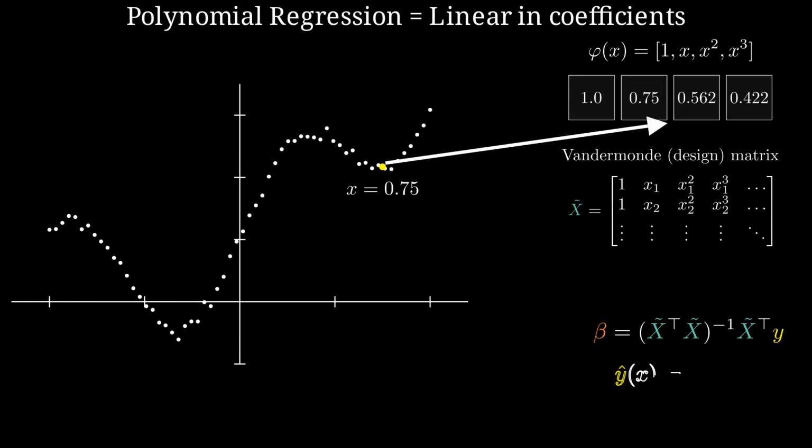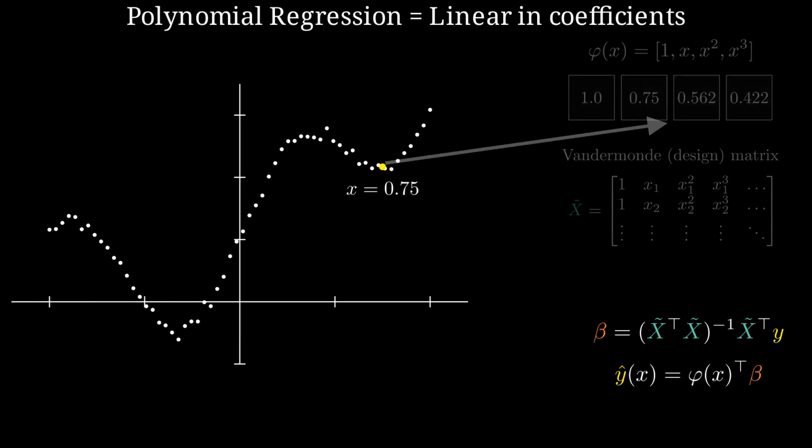These columns, the powers of x, are what our linear solver uses to find the best coefficients. So although the model looks nonlinear in x, the prediction is equal to phi of x transpose times beta, a dot product between the feature vector and a coefficient vector beta. We solve for beta using the same least squares normal equations you already know.